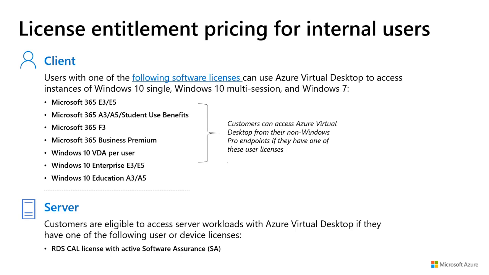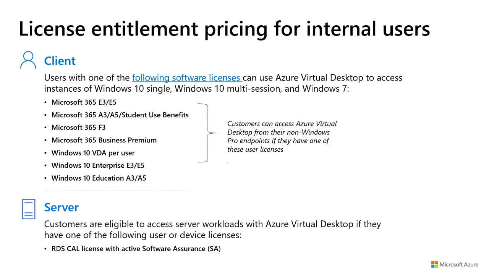If you want to virtualize a Windows Server environment, you can access Windows Server with Remote Desktop Services or RDS. You can access your applications or the desktop that are not included if you already have the Remote Desktop Services CAL.